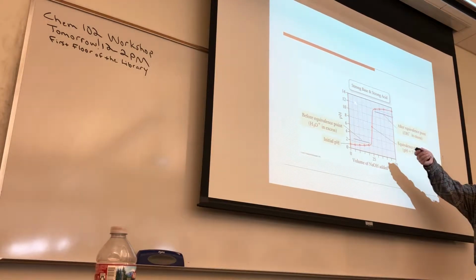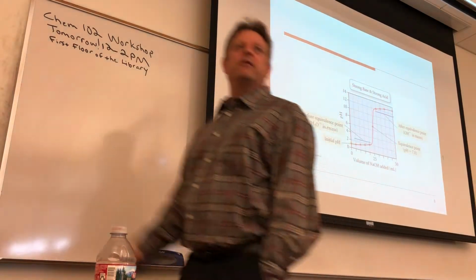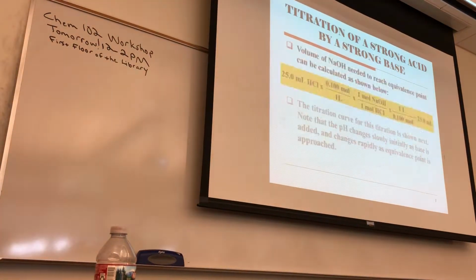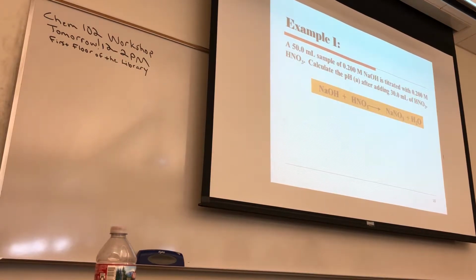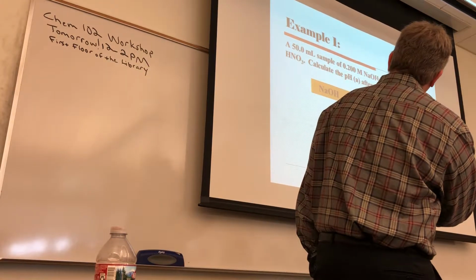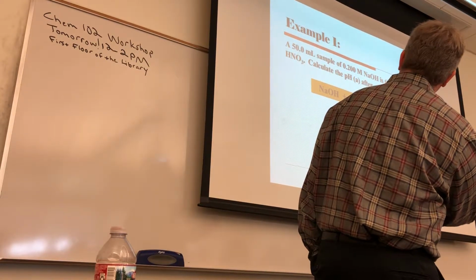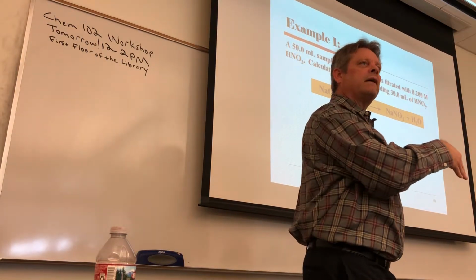So this would start here and it would just reverse. I just want to make that clear for those of you that might not have seen that. Because what's happening here, the sodium hydroxide is titrated with the acid, so that's the reverse chart. Okay, I want to make that clear.